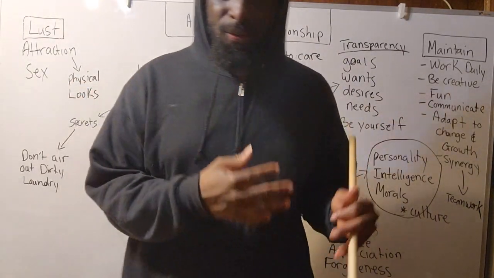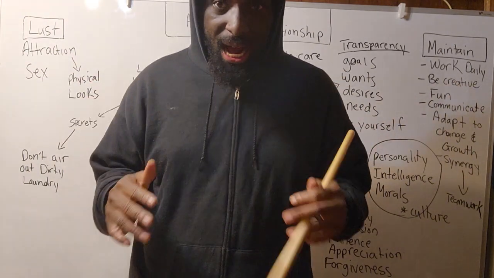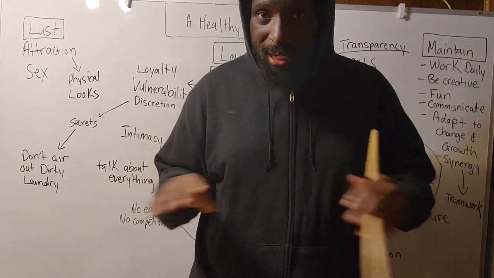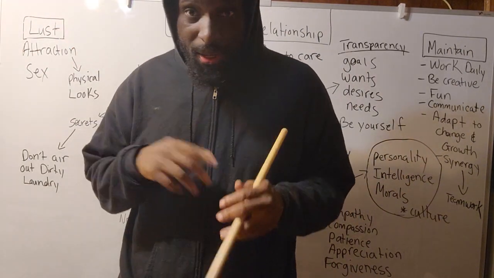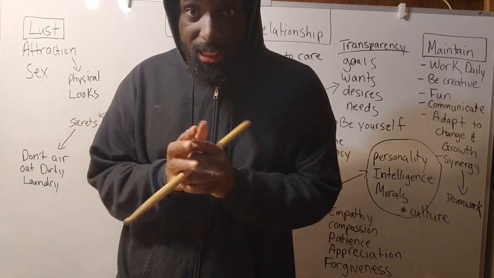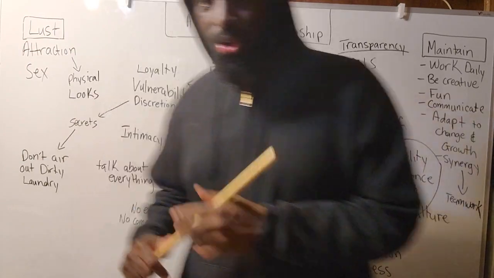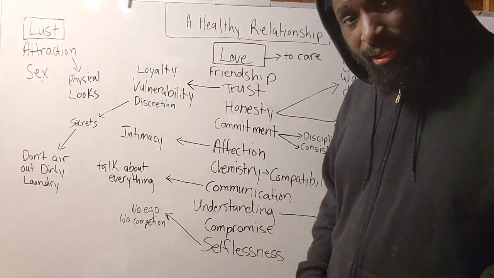It's not about girlfriend versus boyfriend. You cannot compete in a relationship. That is completely wrong. It's not a competition, right? It's not me versus you. It's us coming together, teamwork. So this is why you got to be selfless.